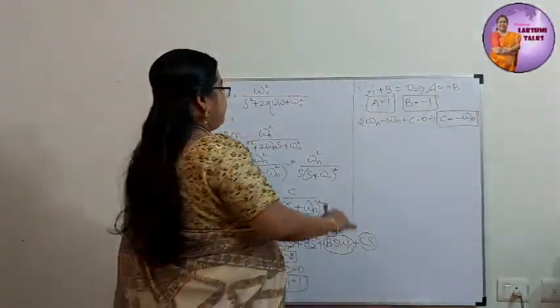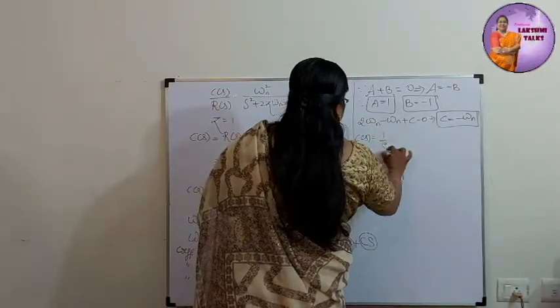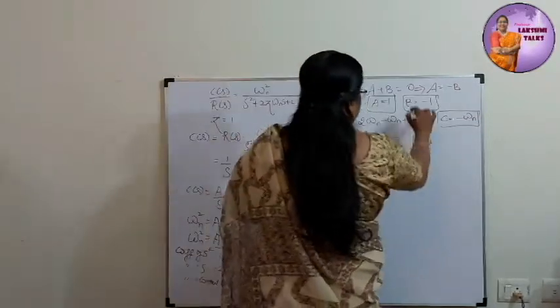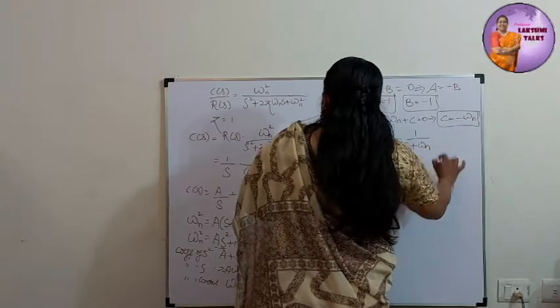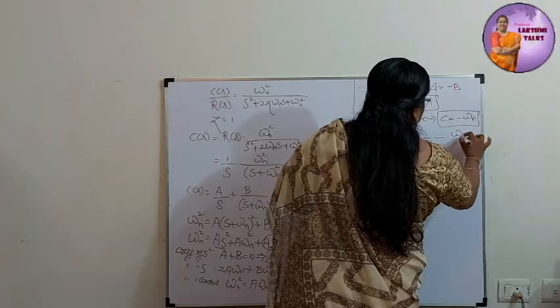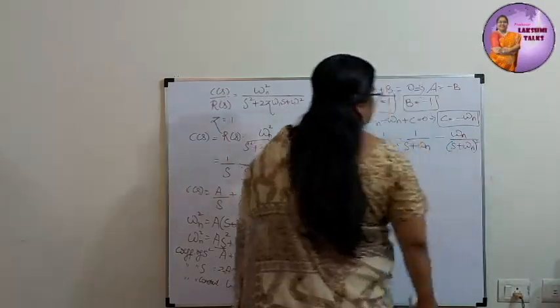Right? So when you substitute everything, our C of s becomes 1 by s minus b by s plus omega n, so minus 1 by s plus omega n, then it is minus omega n divided by s plus omega n the whole square.